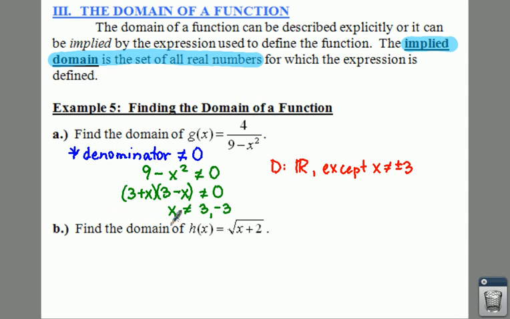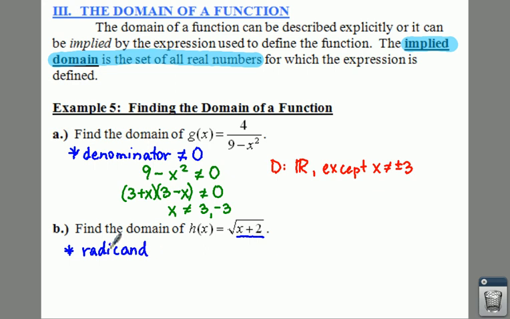Now, if you don't have a fraction, say maybe you have a radical, we know that anything underneath a radical, in this case an x plus 2, has to be positive. We call this the radicand. So the radicand, that's what's underneath your radical.